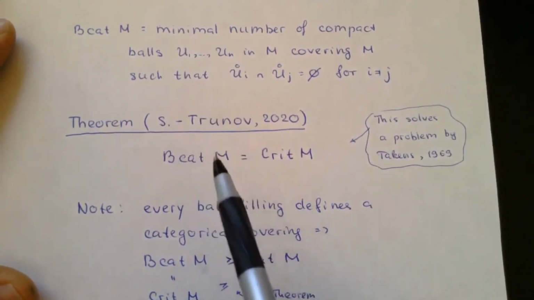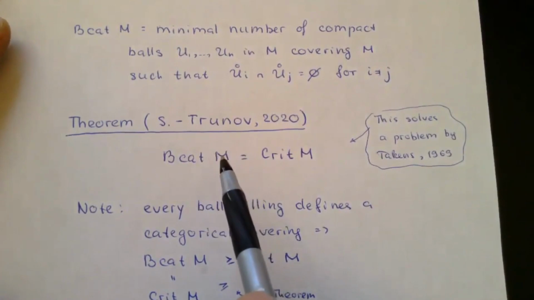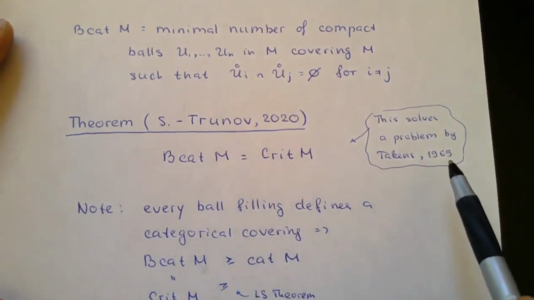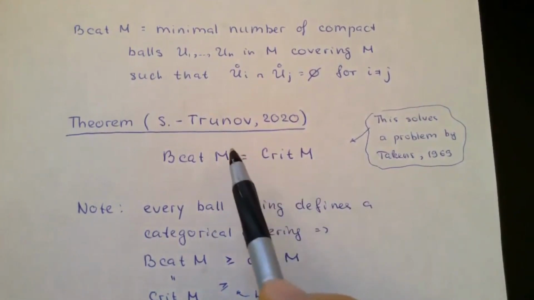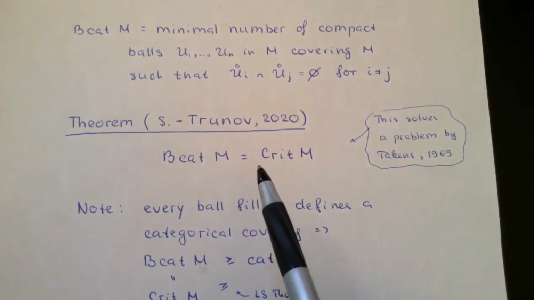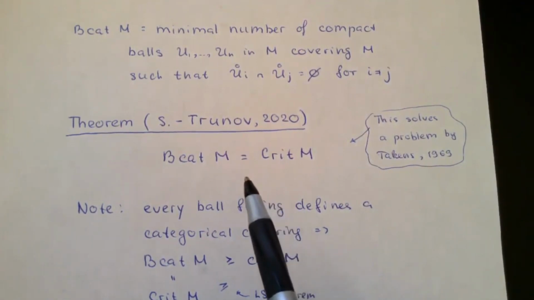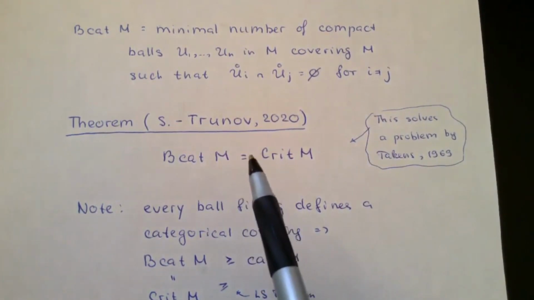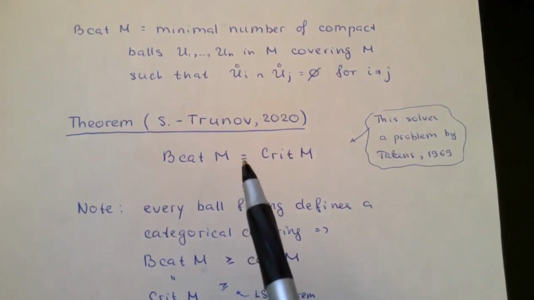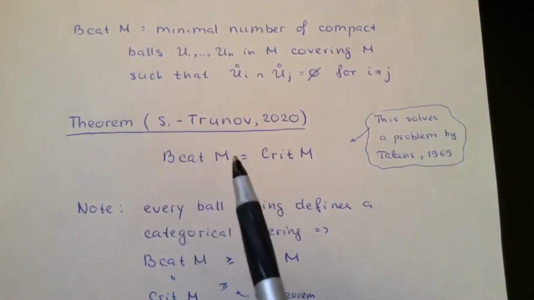Also, this theorem has been known at least in the case of manifolds of dimension 3. In 1969, Takens proved a result which is very similar to this one for manifolds of dimension 3. And in fact, apparently, Takens considered this problem for manifolds of high dimension. And he explicitly formulated an open problem, which is one of the steps in proving this result.